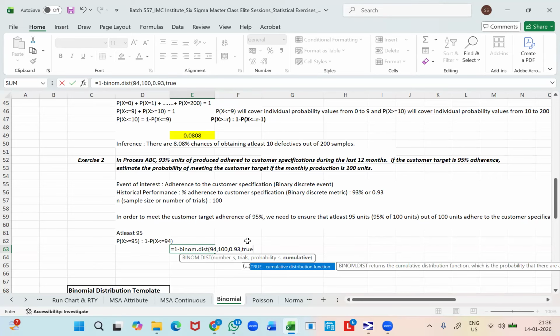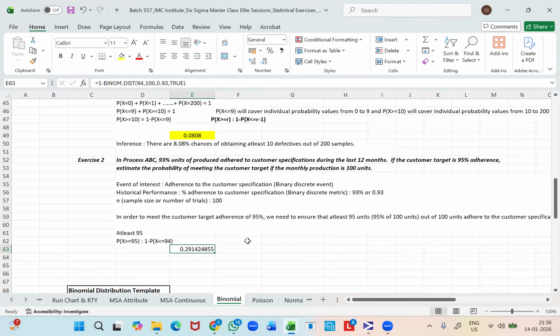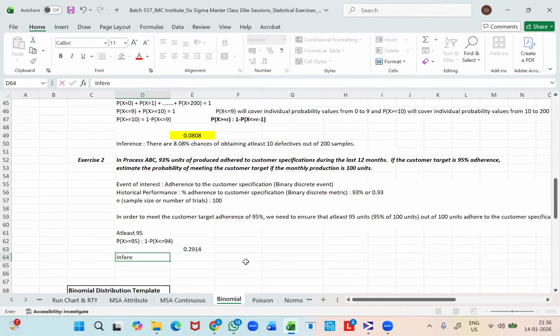That's it. You need to round this off to 4 decimals. 0.2914.